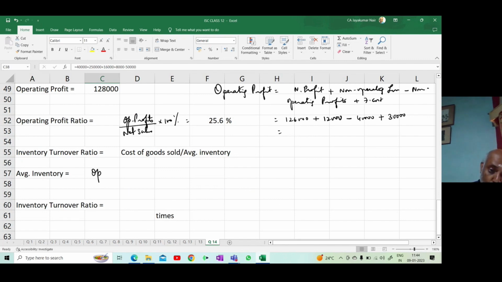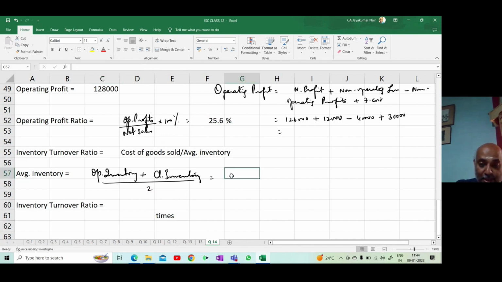Average inventory is opening inventory plus closing inventory whole divided by 2. So opening is 40,000. Closing is 50,000. Whole divided by 2 will give you 45,000 as the average inventory.